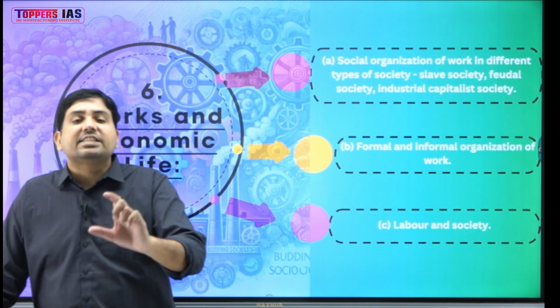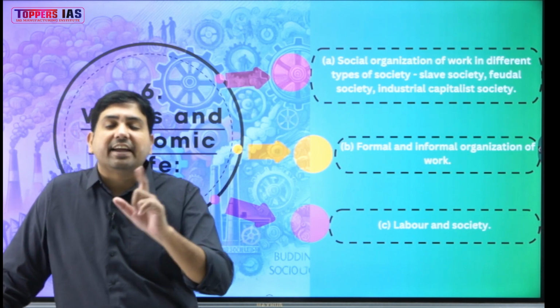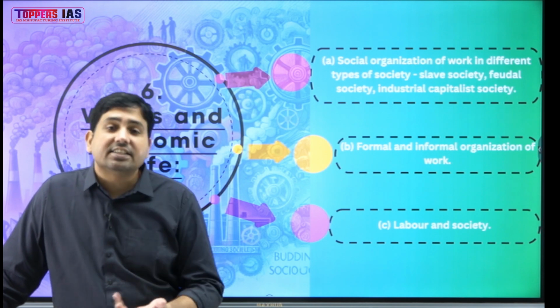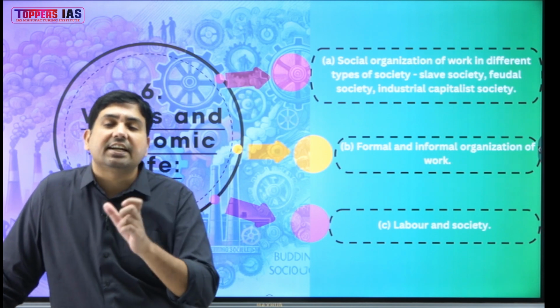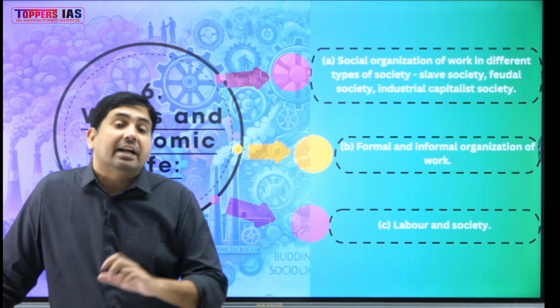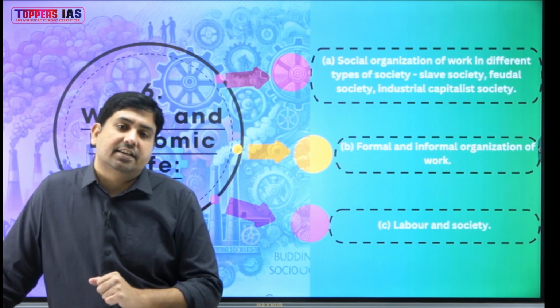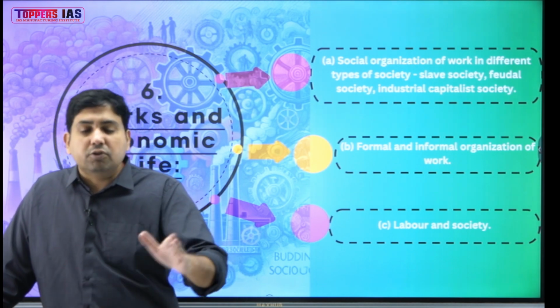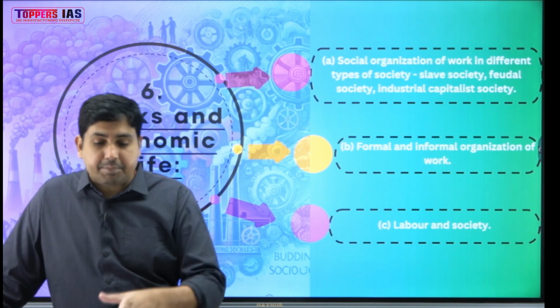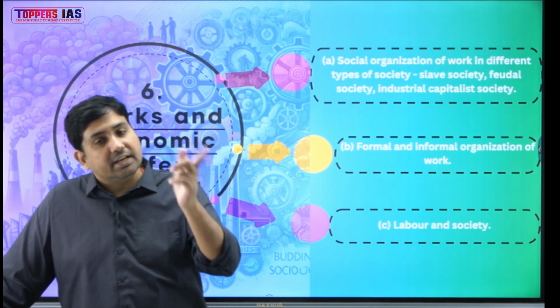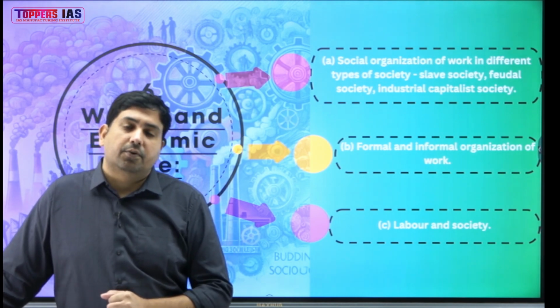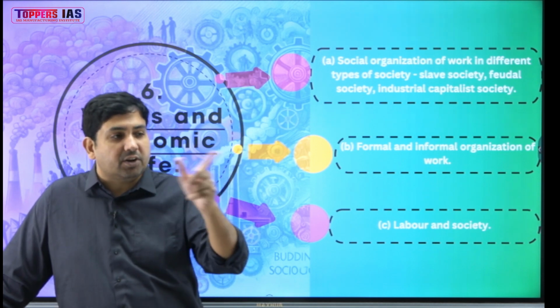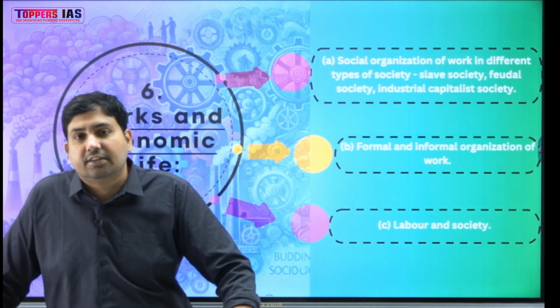So Karl Marx has given this concept of alienation. Alienation is nothing but the feeling of discontent that workers experience in the capitalist system. So there is no fulfilment in your work in the capitalist system. So labor and society: what kind of society, what kind of labor, what kind of problems they face.